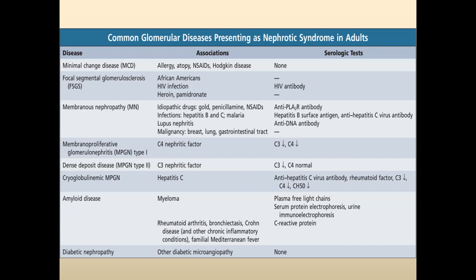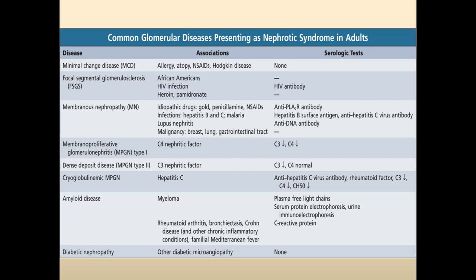Membranous nephropathy is associated with idiopathic causes, drugs like gold, penicillamine, and NSAIDs, infections like hepatitis B, C, and malaria. Lupus can also present with membranous nephropathy, lupus nephritis. Malignancy like breast, lung, and gastrointestinal malignancy can also present with membranous nephropathy.